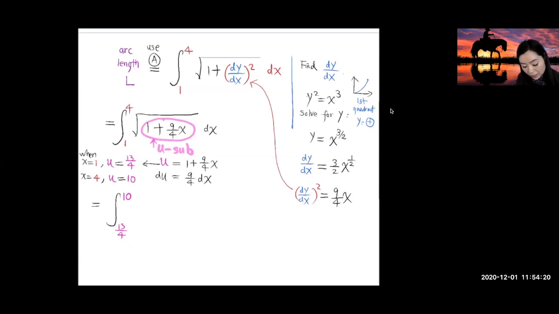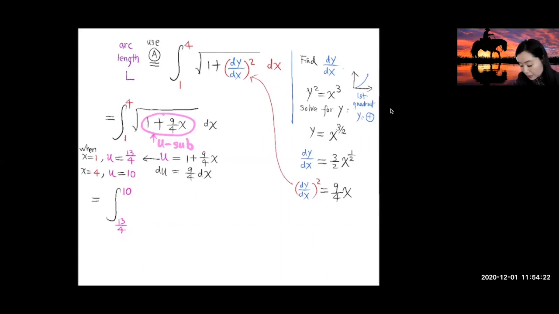Now this one over here is the square root of u, which is u to the 1/2 power, and the dx is going to be 4 over 9 du, since from du equals 9 over 4 dx you get dx equal to 4 over 9 du.